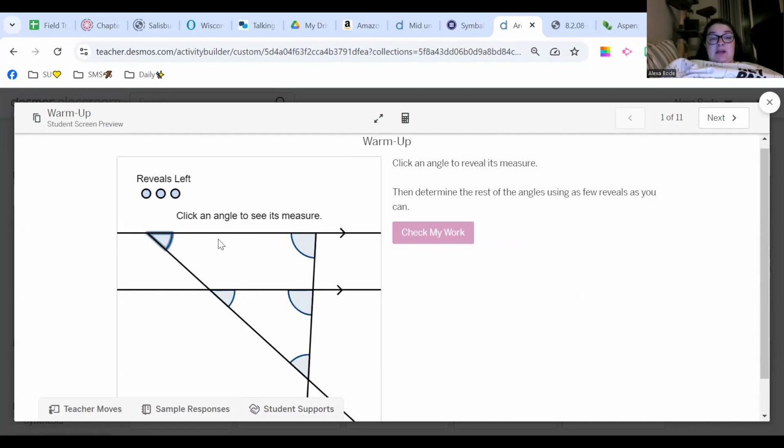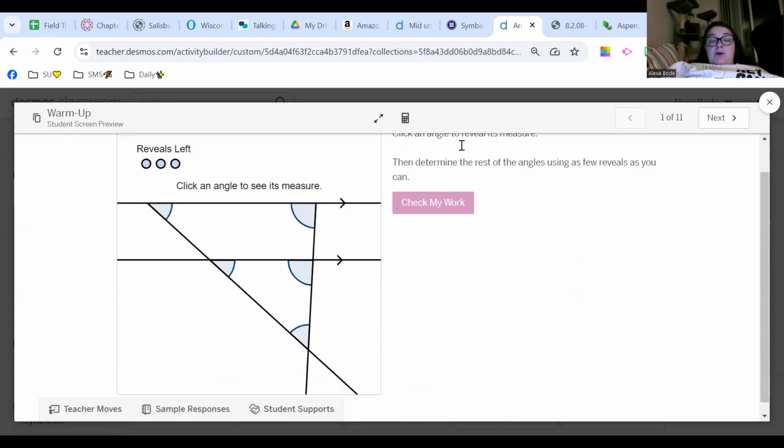But these three angles here also add up to 180. So there are special rules with triangles that make triangles a little bit easier than other polygons. We are going to go through this Desmos today called Are Angles Enough together.